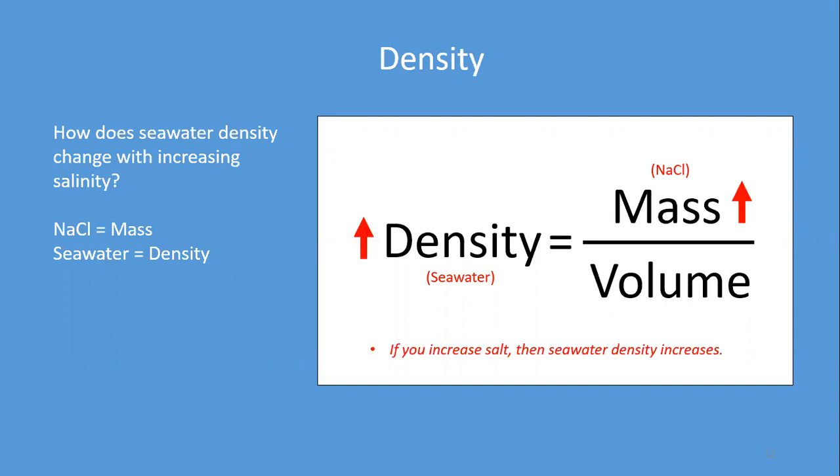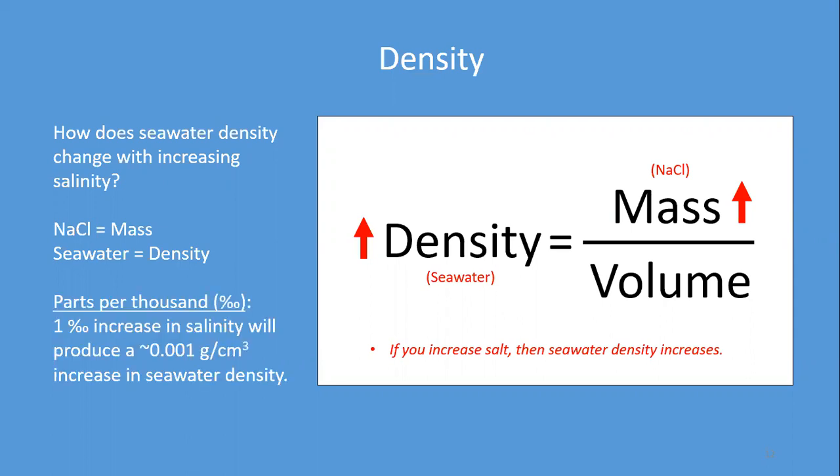Thus, if you increase mass, or the salt, then seawater density must also increase. Or more specifically, a one part per thousand increase in salinity will produce approximately a 0.001 grams per cubic centimeter increase in seawater density, or approximately 1/1000th.